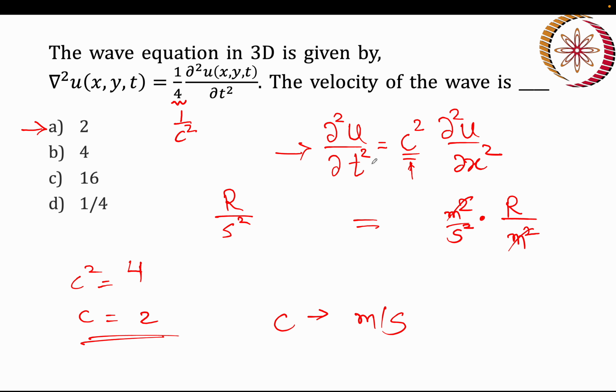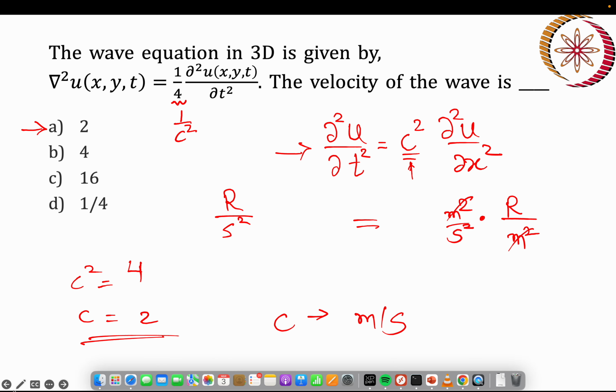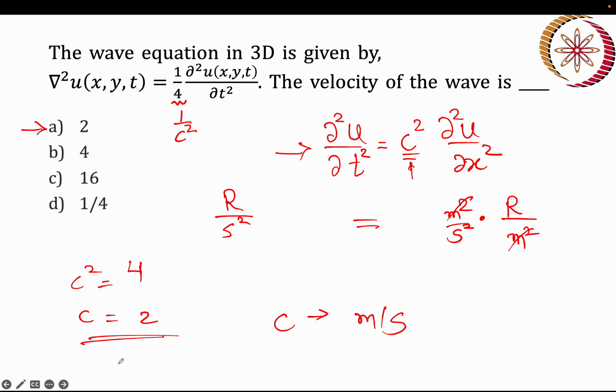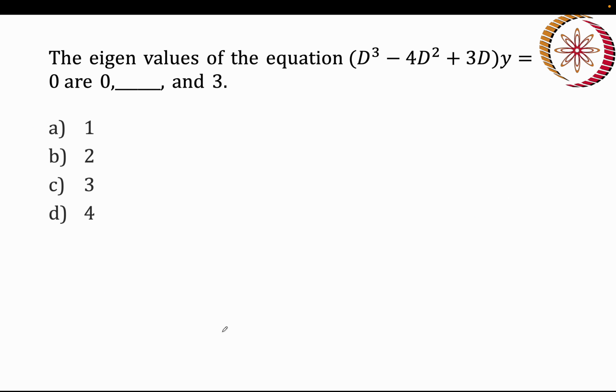Okay, so we'll go to the next problem. The eigenvalues of the differential equation given, 4D square plus 3D, is equal to 0.